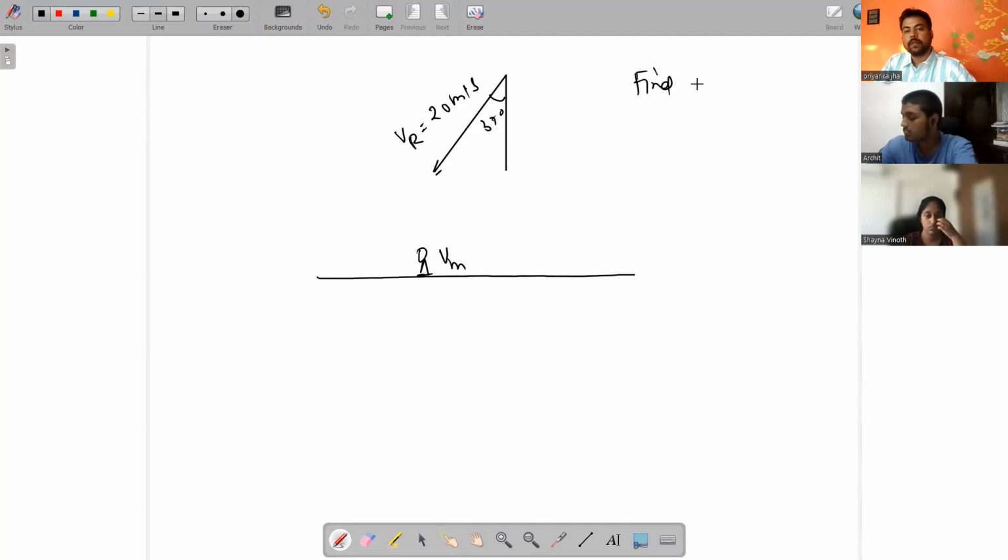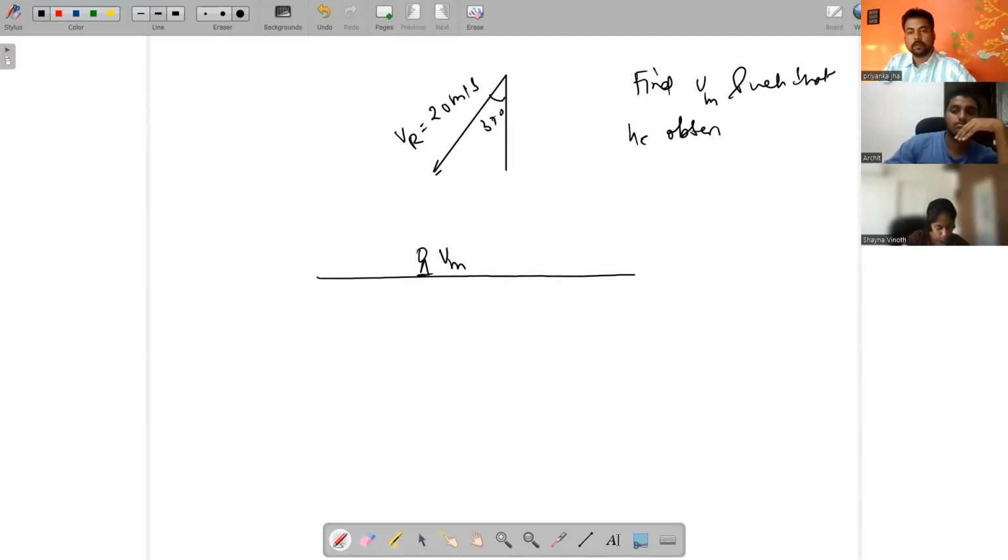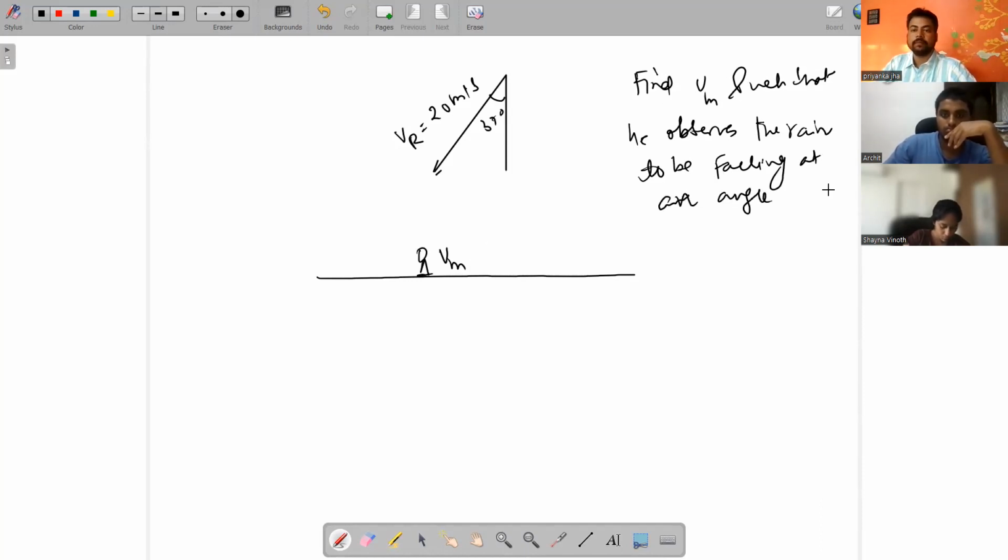Find velocity of man such that he observes the rain to be falling at an angle 37 degree with vertical.